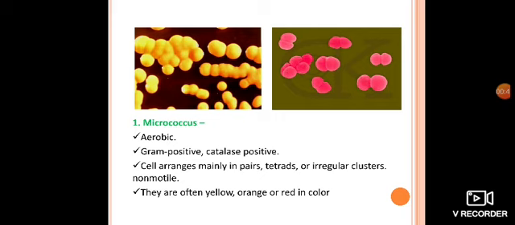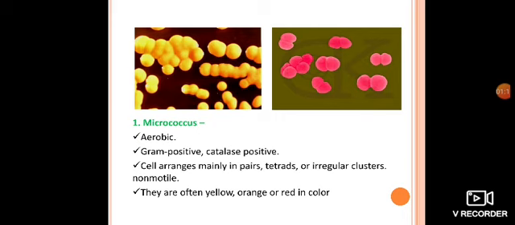They are aerobic, gram positive, and catalase positive. If they are gram positive, it means they have a specific charge, and on the basis of charge they show their different properties. So micrococcus are aerobic, gram positive, and then show catalase positive.